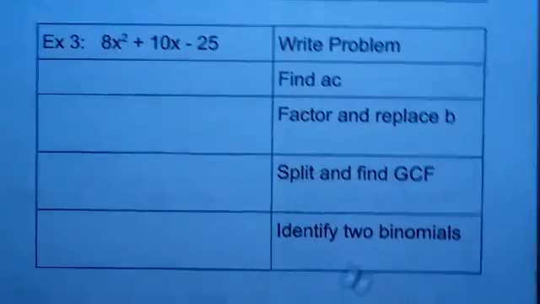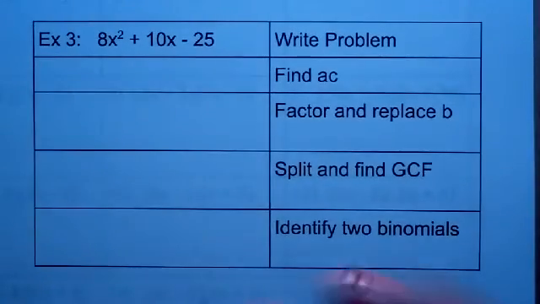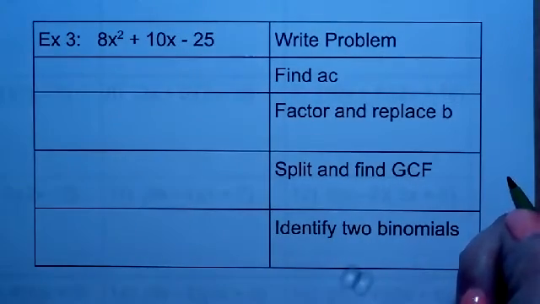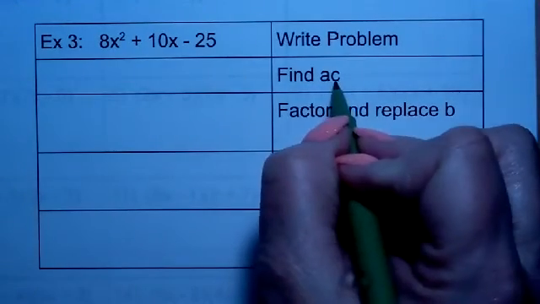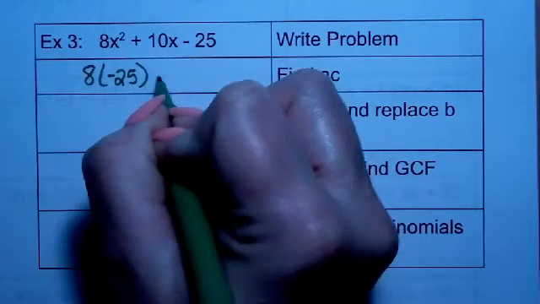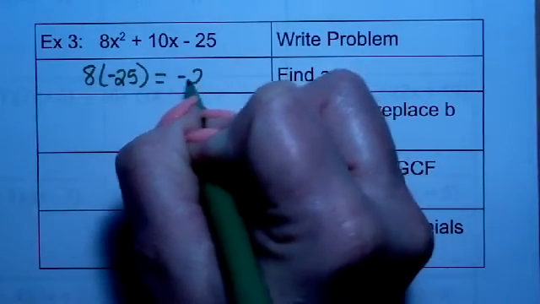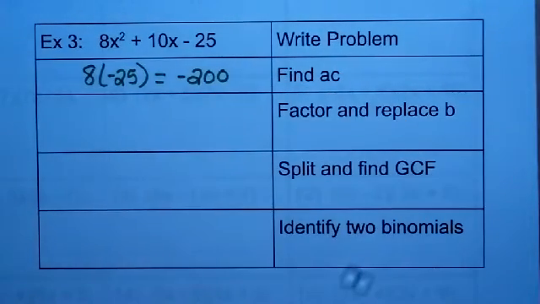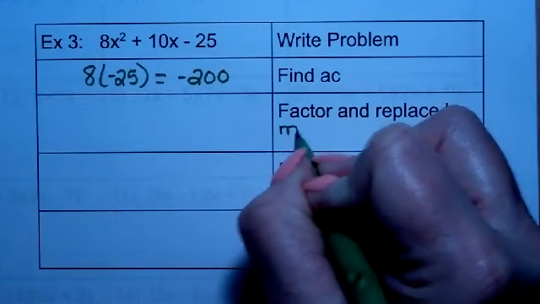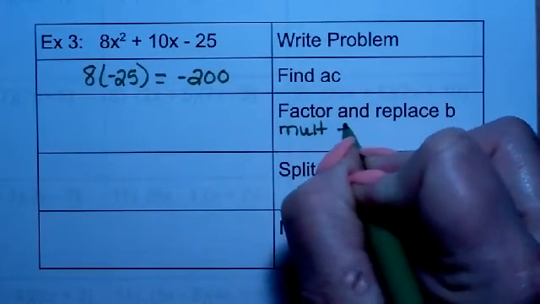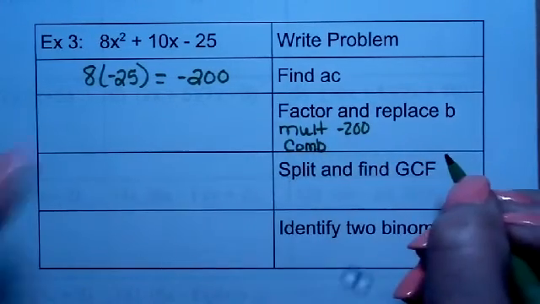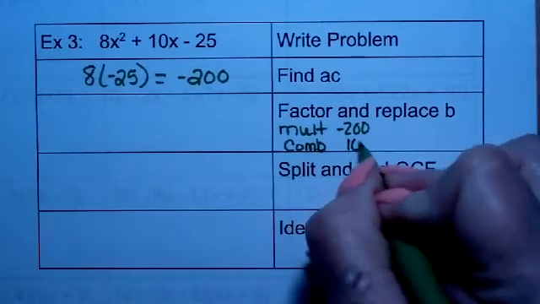Okay, number 3 right here. 8x squared plus 10x minus 25. If I'm looking for AC, I'm going to do 8 times negative 25, which is going to be negative 200. Okay, I need to factor in place B. So again, we're going to multiply to get negative 200, but we're going to combine to get positive 10.